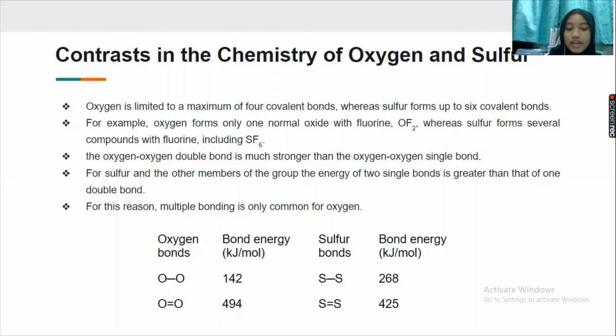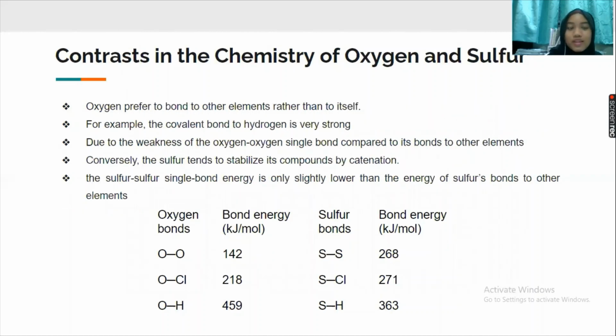We can see here that the oxygen-oxygen double bond is much higher than the oxygen single bond. The same goes for sulfur, but comparing sulfur and oxygen, the difference in bond energy from single bond to double bond for oxygen is much higher than for sulfur.